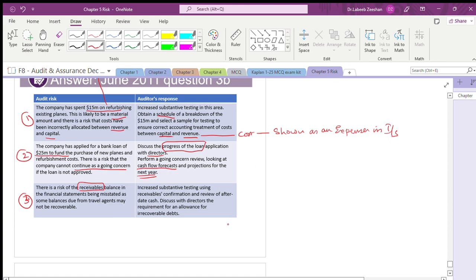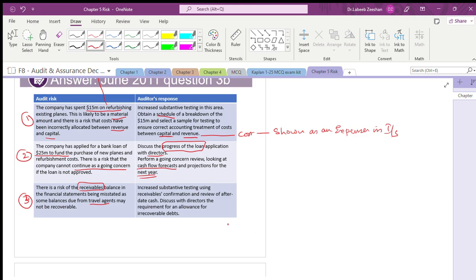And what happens? You are giving it to travel agents. Definitely you cannot recover from them. There will be a risk that you cannot recover from the travel agents. Ultimately, travel agents work on commission, as simple as that. They work on the turnover. What they will do in future, they will say that I have not received the money. That's all, I have sold it, but they are not responsible.